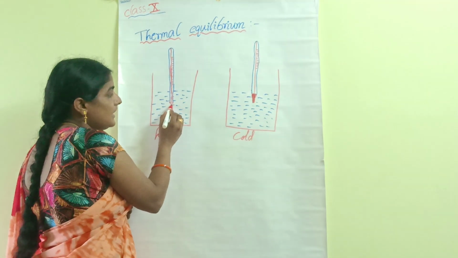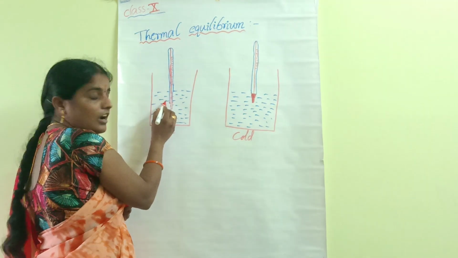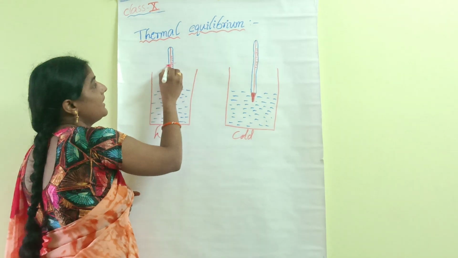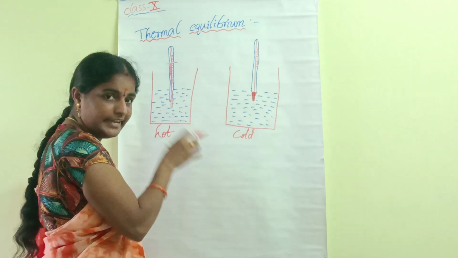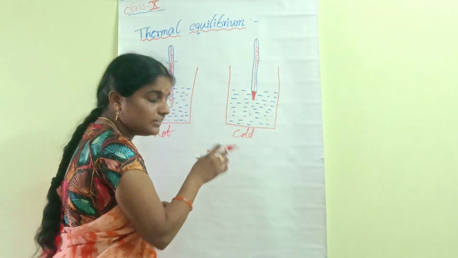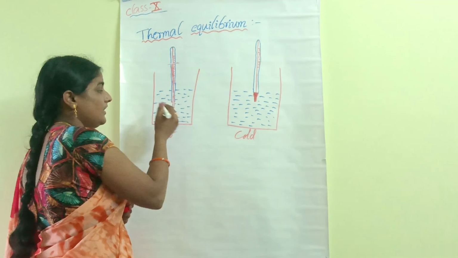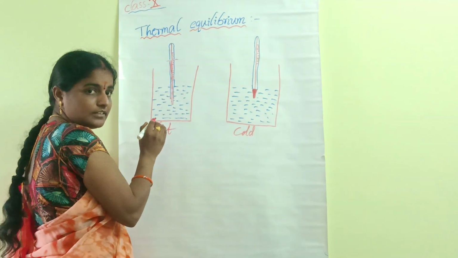Automatically this mercury will start rising. After reaching a certain temperature, it will stop rising, which means there is no transfer of heat energy taking place between the hot water and the thermometric substance.